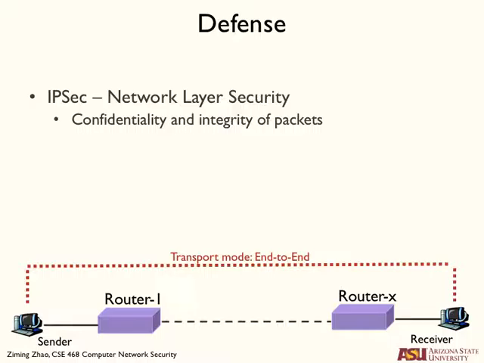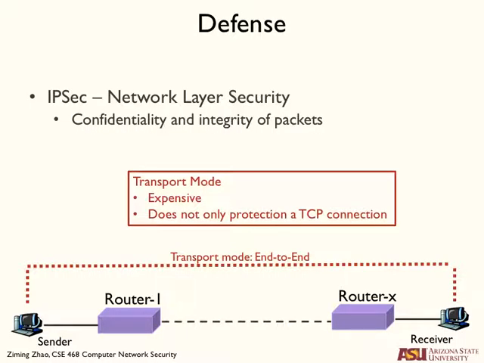IPsec maintains confidentiality and integrity of IP packets at the network layer. Because it protects the IP packets, it also protects the IP payload, which is your TCP headers and TCP payload. However, this is not the best solution to protect TCP or HTTP.